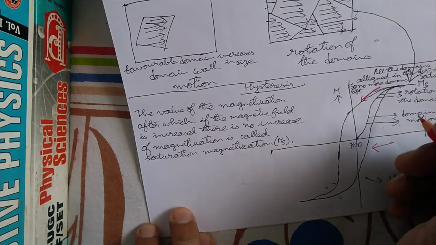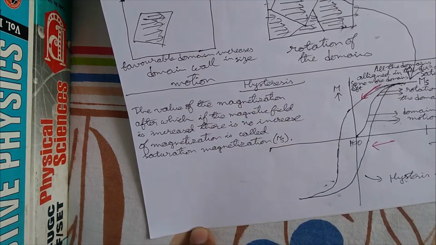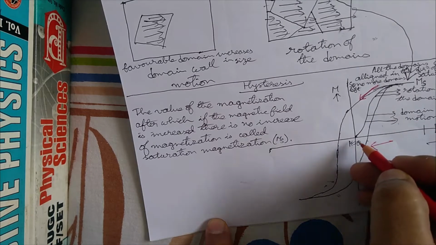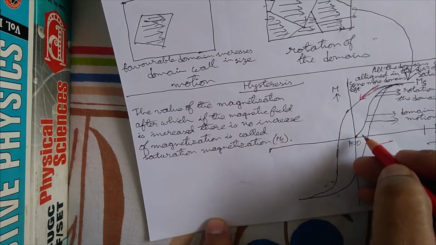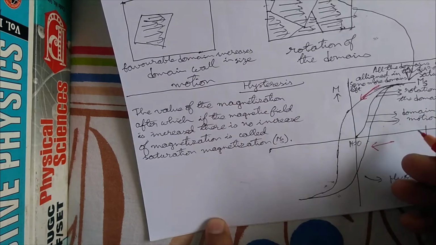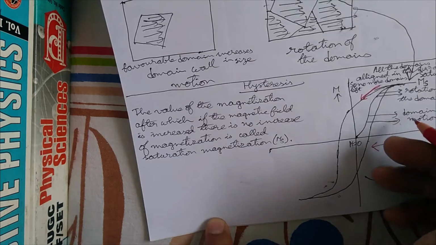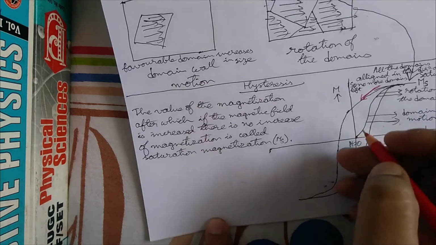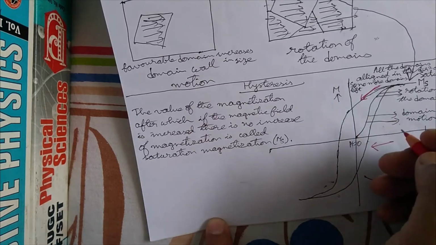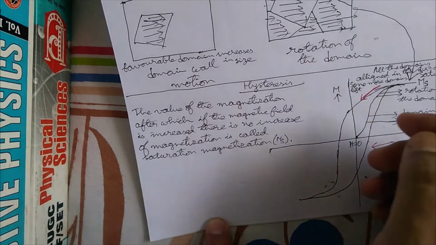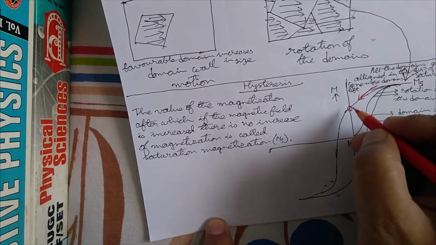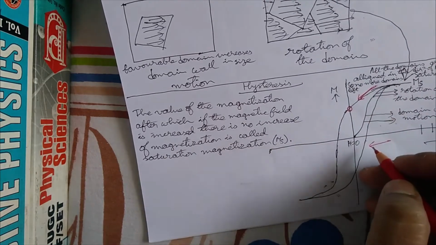The interesting thing, the main point of this hysteresis loop, is what happens when the magnetic field comes to zero. Generally for paramagnetic materials, if you decrease the magnetic field, the magnetization also becomes zero. But in the case of a ferromagnetic material, the magnetization doesn't become zero. There is a finite value of magnetization at magnetic field 0.